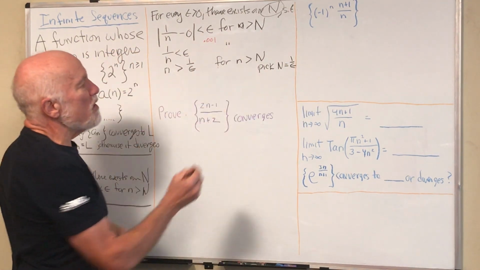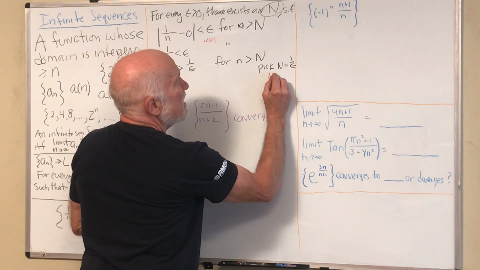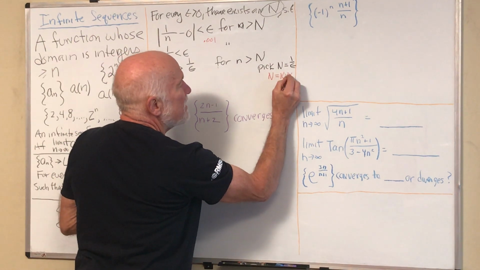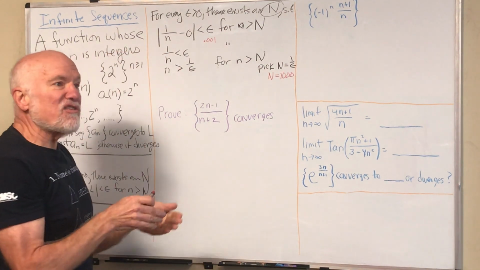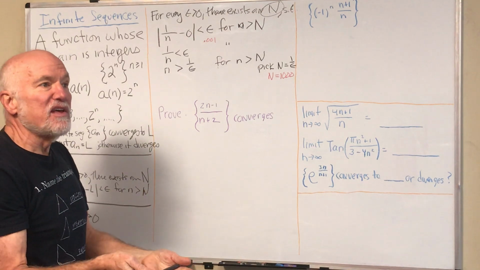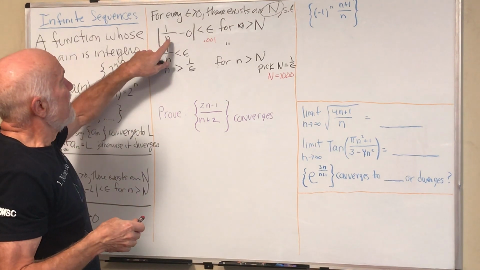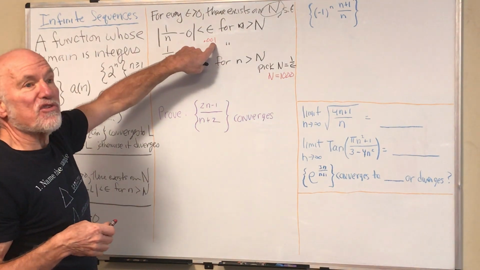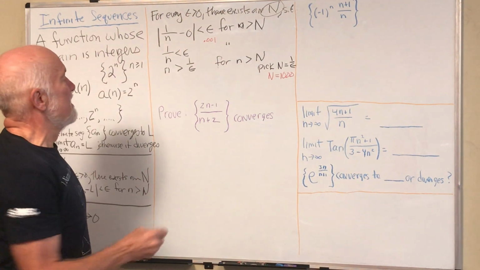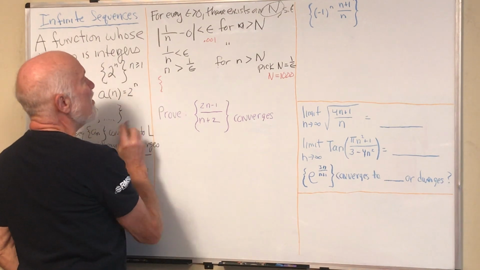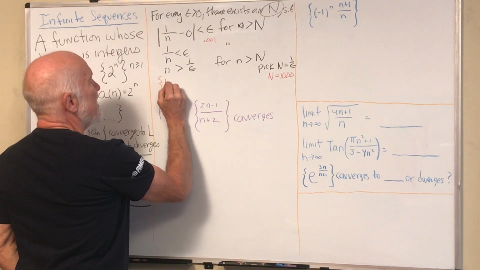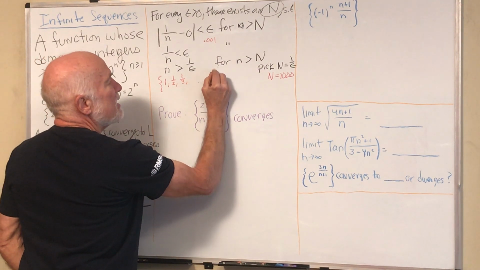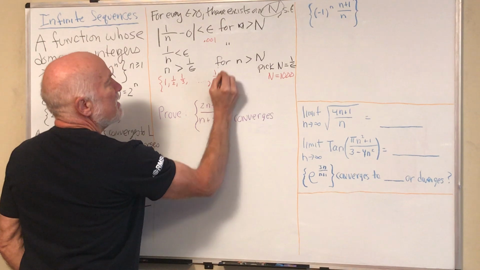Well, if this is true, what would I pick N to be? 1 over 1/1000th, or 1,000. So as long as I go past the 1,000th term in the sequence, I'm showing that all my values are within less than 0.001 of the actual limit. And what would that sequence look like? It'd be 1, a half, a third, 1/1000th.